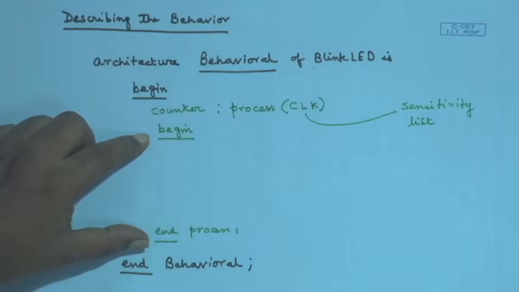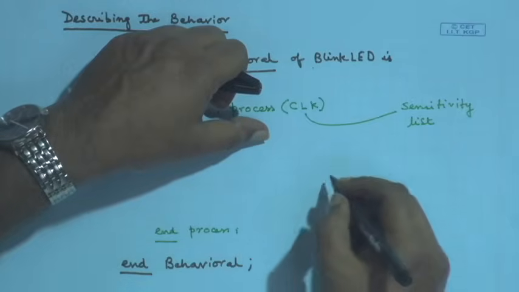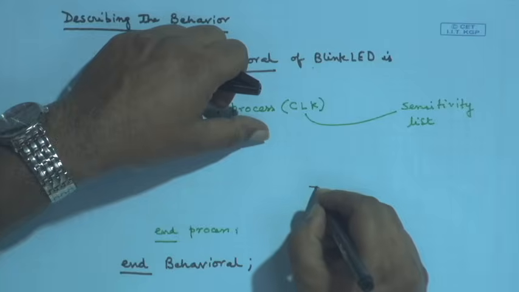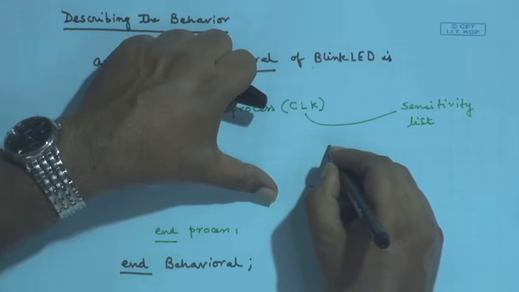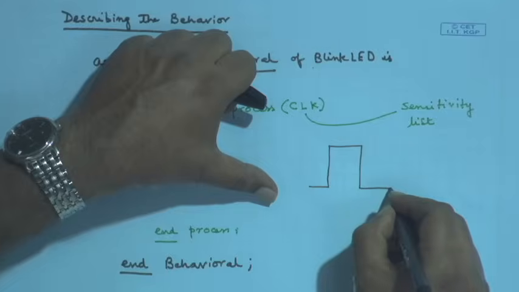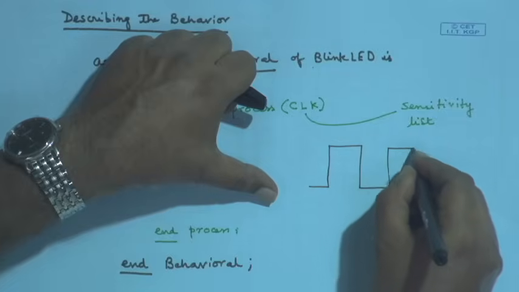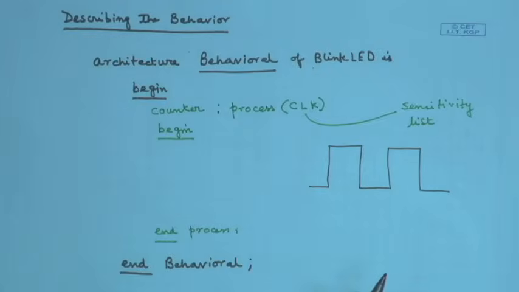Now, what do I want to have? I want to have something like this. The clock is coming like this, and as the clock goes up, I want to do something, and then the clock goes down, and again the clock goes up, and the clock goes down, right.